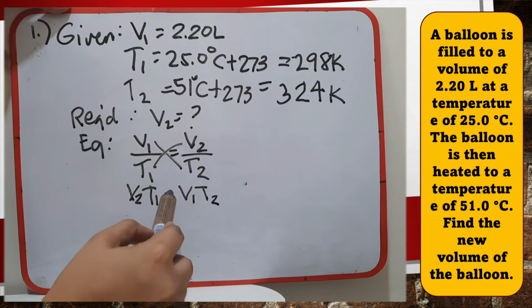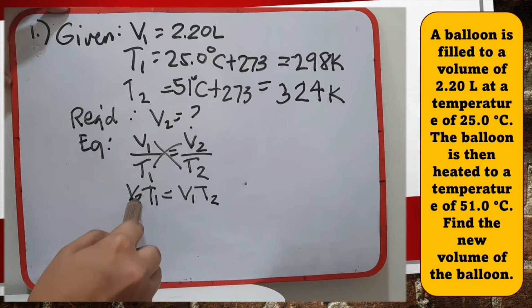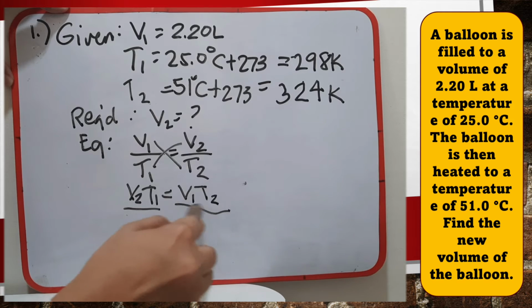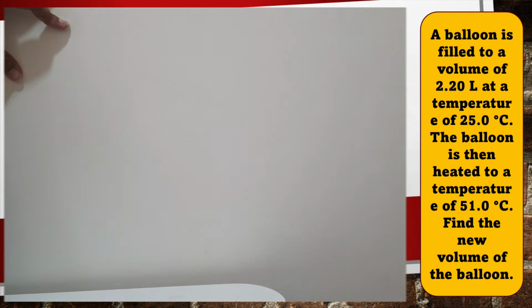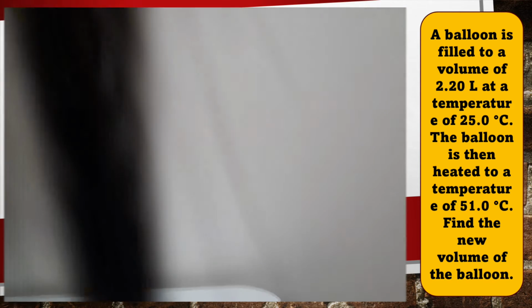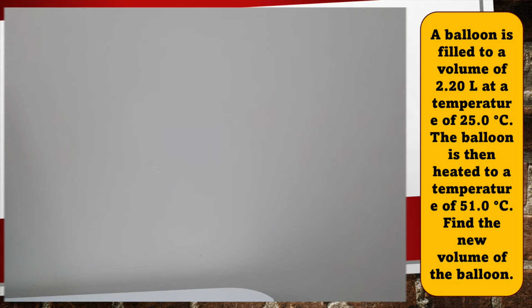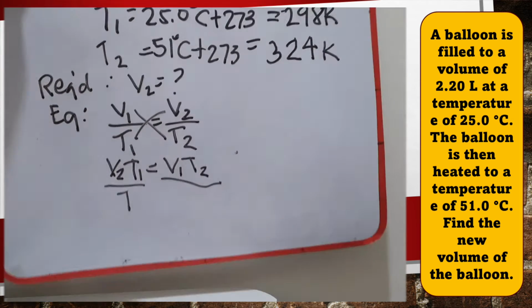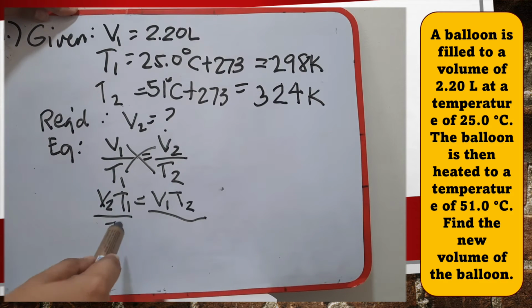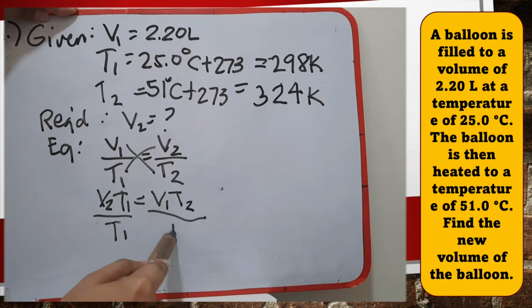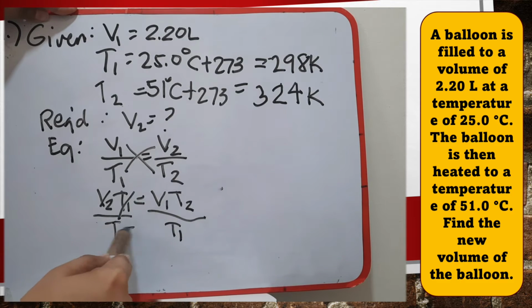We are looking for V2, so we will divide both sides by T1, and we can cancel this one.